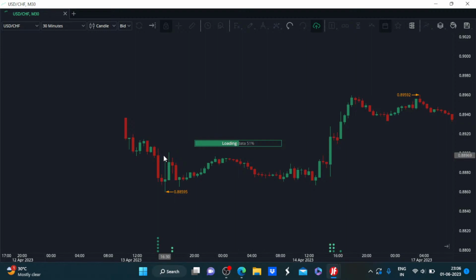Let's try hourly. No, nothing as of now. Maybe we will have to look at USD JPY.